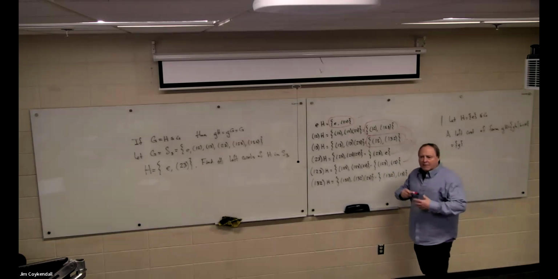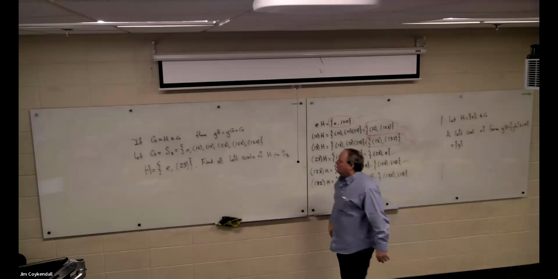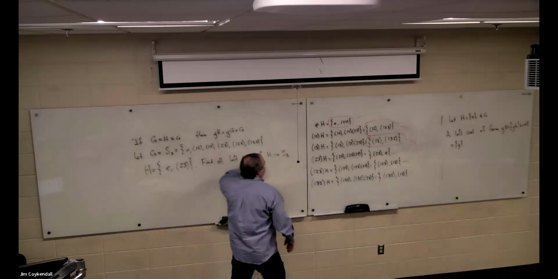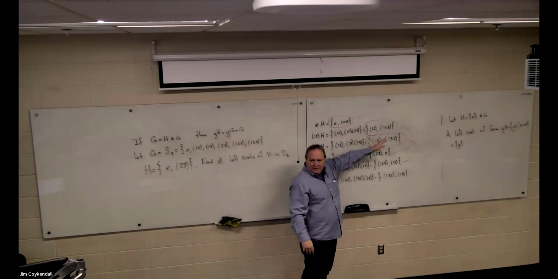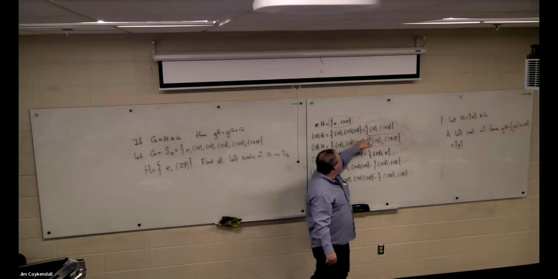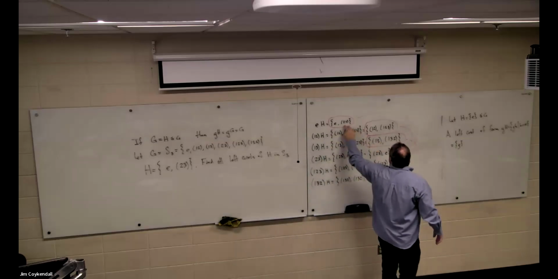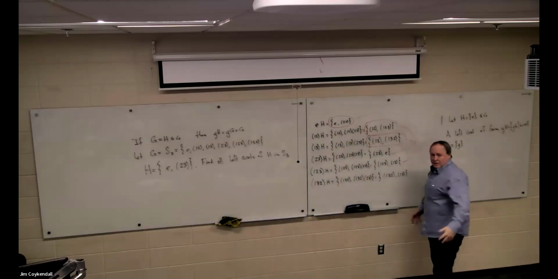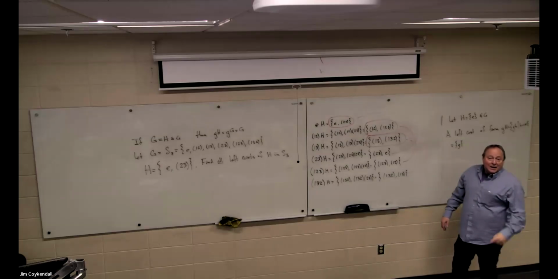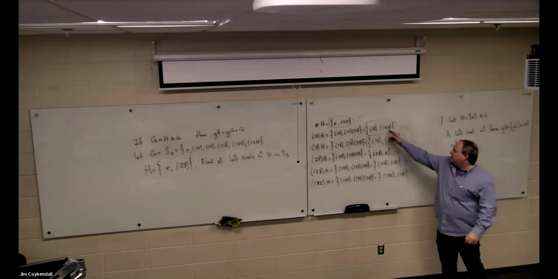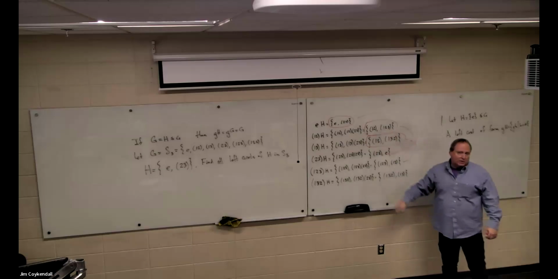So actually we have a partition of the original group because the original elements are here. They all have to be in one of these: E, (1, 2), (1, 3), (2, 3), (1, 2, 3), (1, 3, 2). And there's no overlap. There's nothing that's in more than one coset.